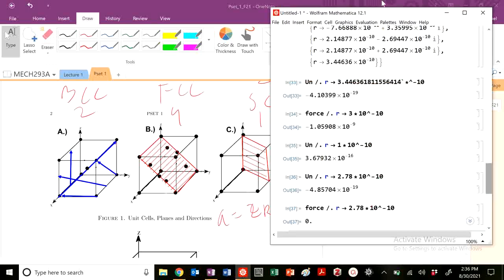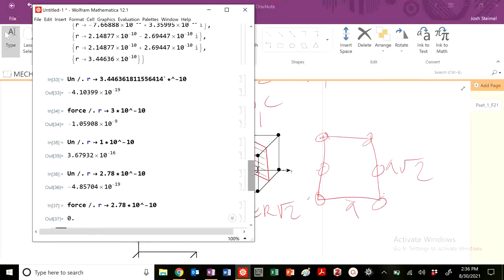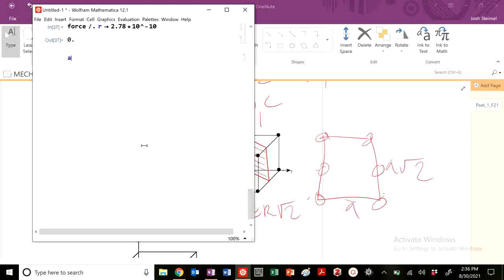So my planar density, let's go down to here. My a for FCC is equal to 2 times R times the square root of 2.